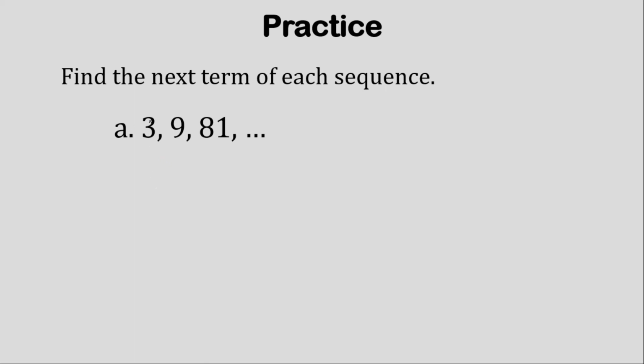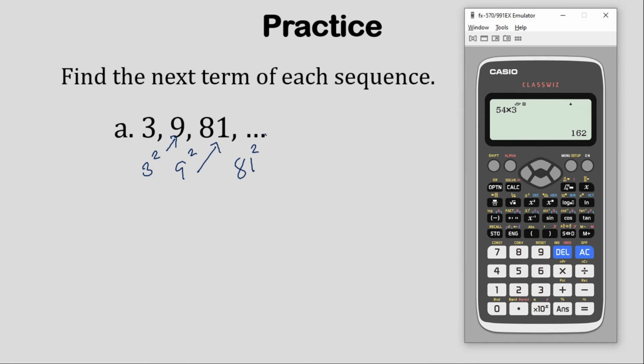Now look, you see, if we square 3, we get 9. And 9 squared, we get 81. Now to get the next term, we need 81 squared. In this case, we have to use a calculator.